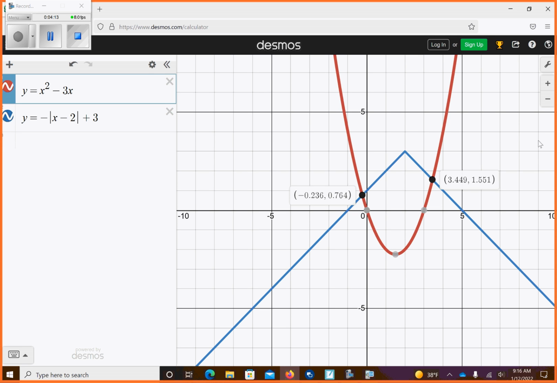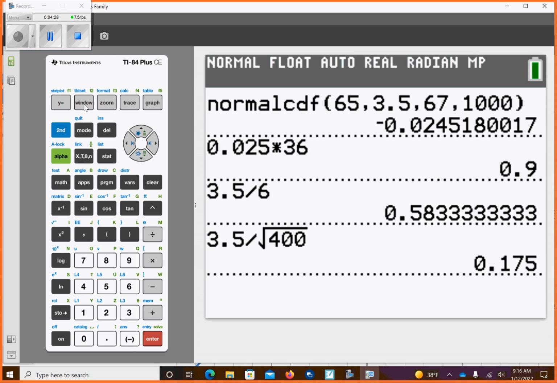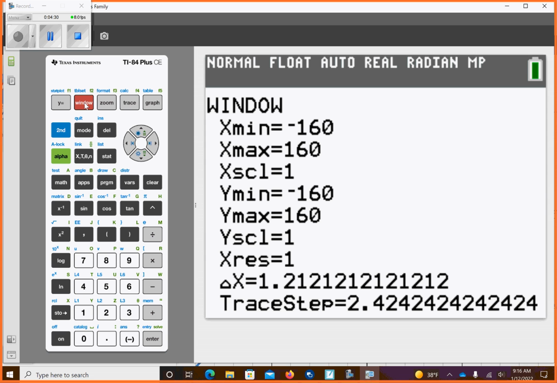Another question had come to me when I was helping a student, that sometimes it says what window to use. So we have that in place because if you were using the graphing calculator, which looks like this, you would have to go in and you'd have to change the window to what they have. Okay? This is only if you're using the graphing calculator.